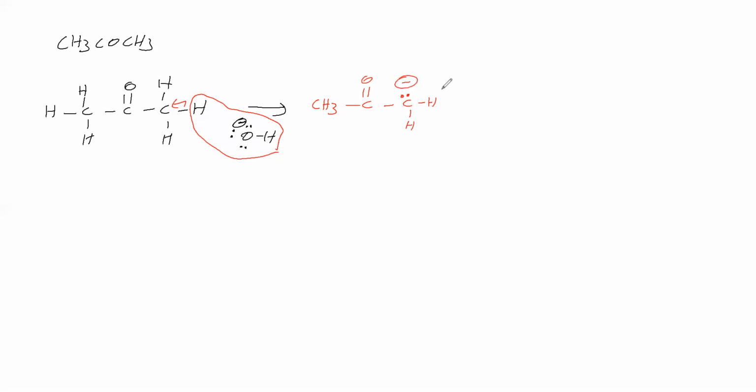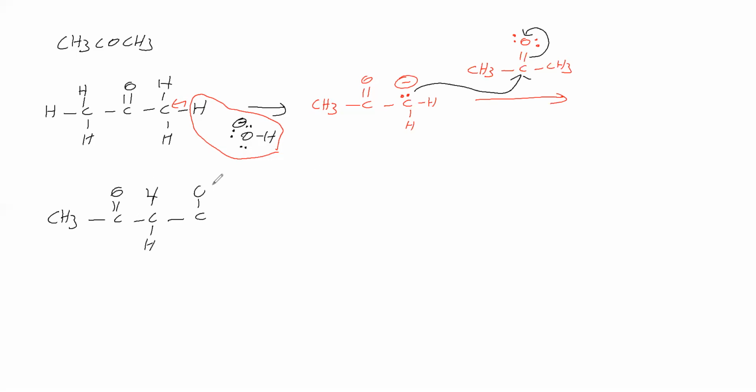This carbanion attacks another acetone, another carbonyl compound. So C minus attacks this carbonyl carbon, and the pi bond shifts to this O. So we get CH3, CO, CH2, CH2, here C with O minus, and two CH3 groups.